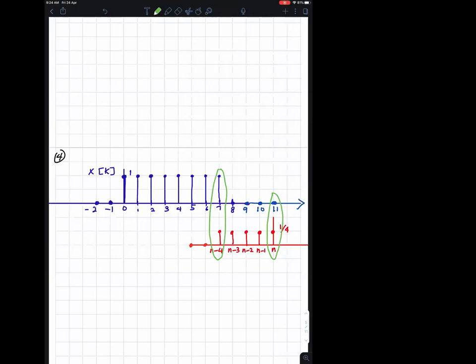On the other side, you end up aligning n with 11.